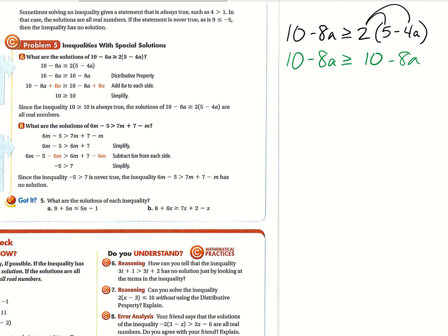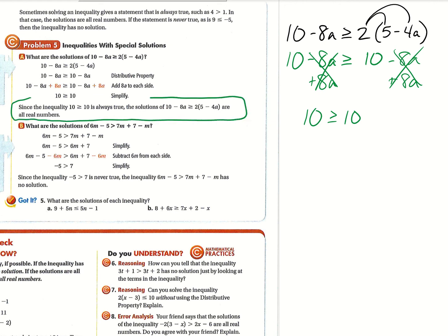All right, at this point, you probably notice that these are the same thing. But if not, we'll go ahead and say we're adding 8a so we can cancel out that side, but then we have to do the same thing over here. And we're left with 10 is greater than or equal to 10. There's no variables left. All right. And then right here, I think this is a really good way of saying it.